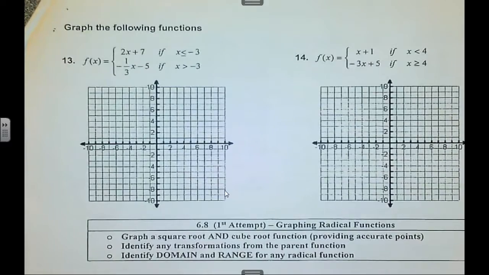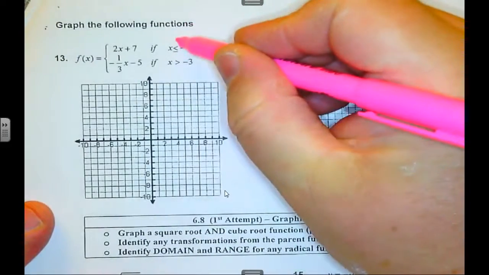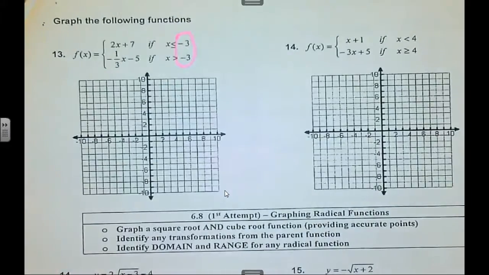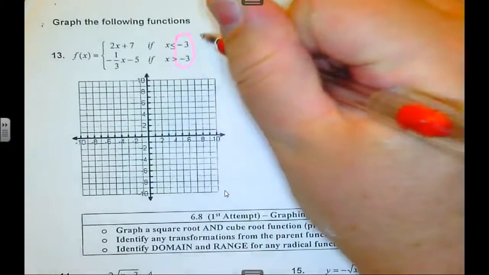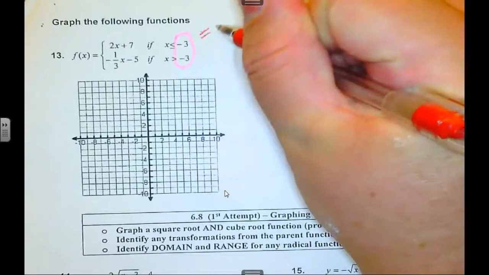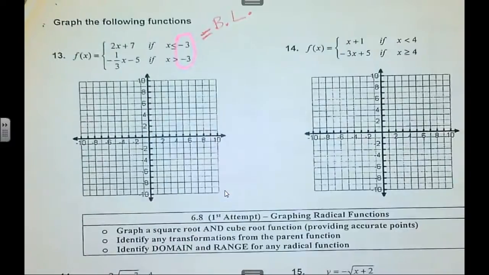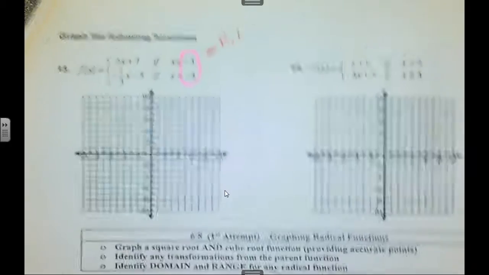Okay, number 13. Here's my boundary line. So at negative 3, I have a boundary line.